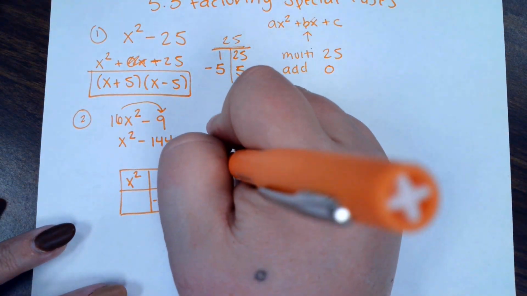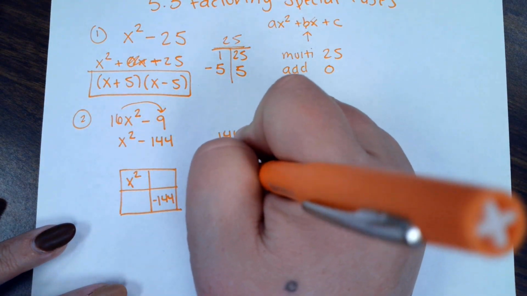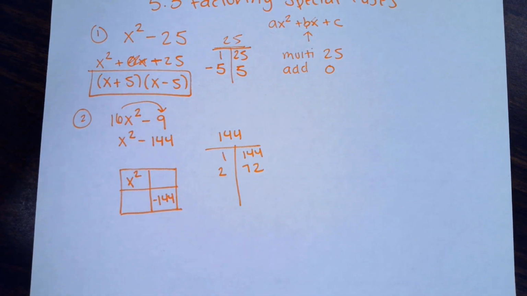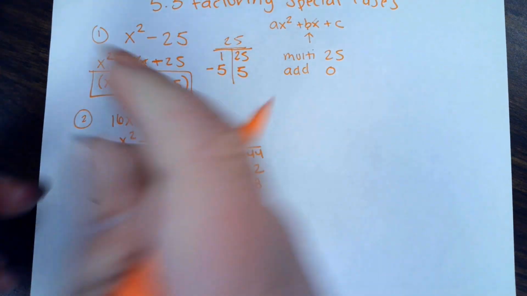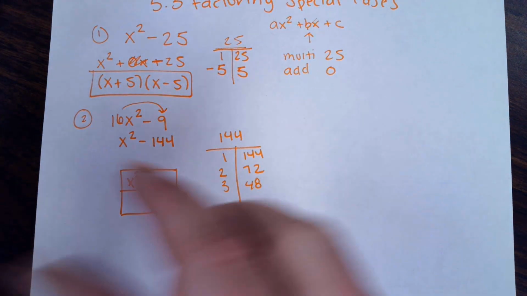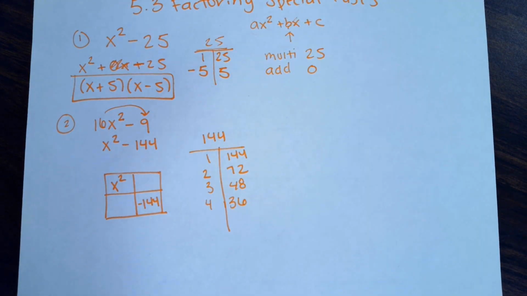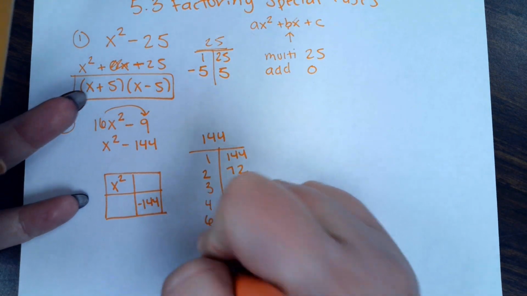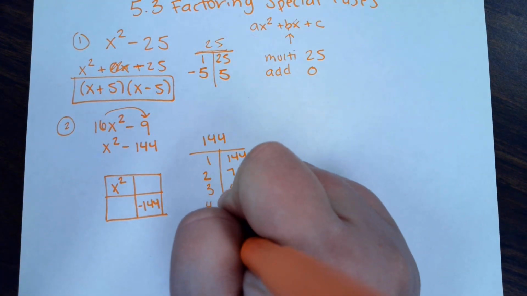All right, so we've got 1 and 144, 2 and 72. Does 3 work? Yep, 3 and 48. 4 and 36. 5 won't work. 6 and 24. 8 and 18.